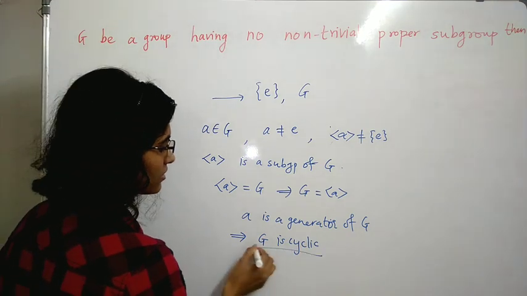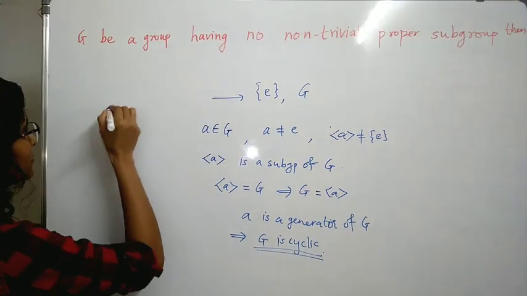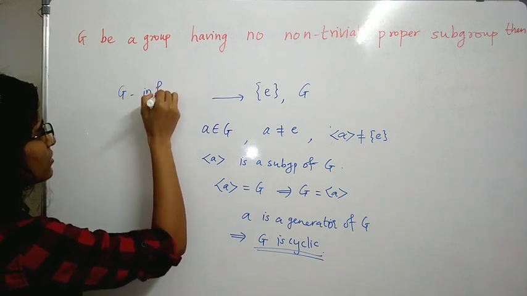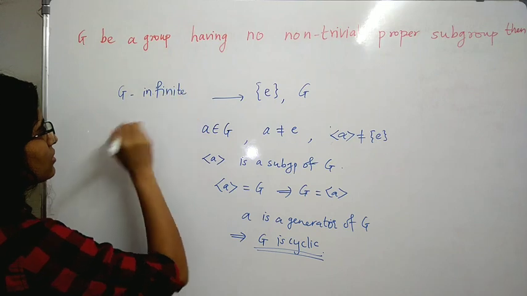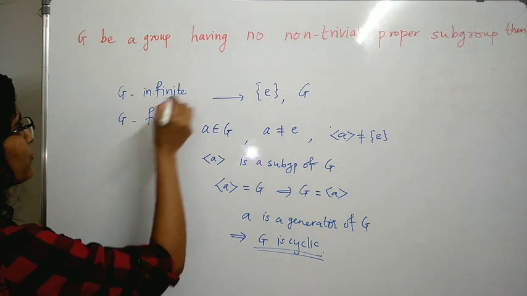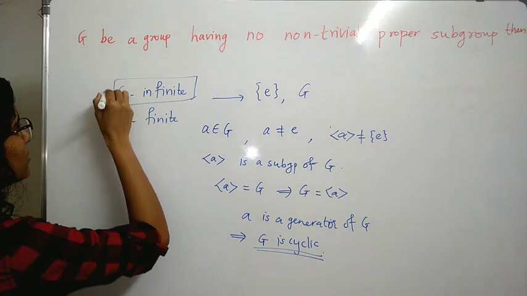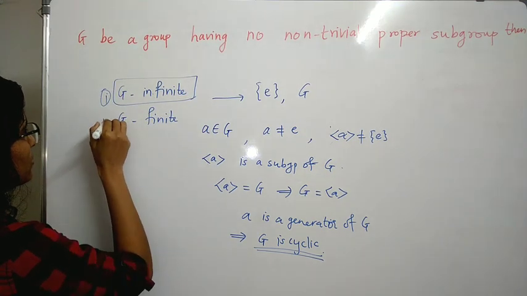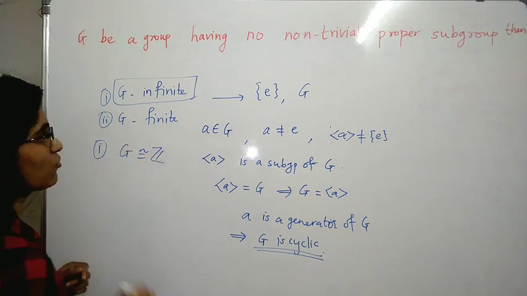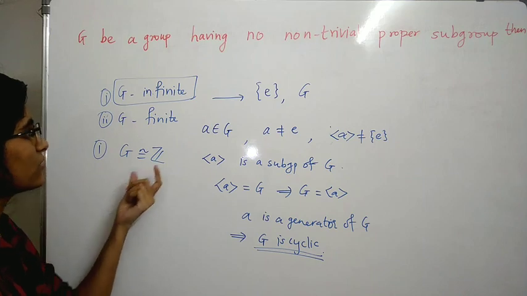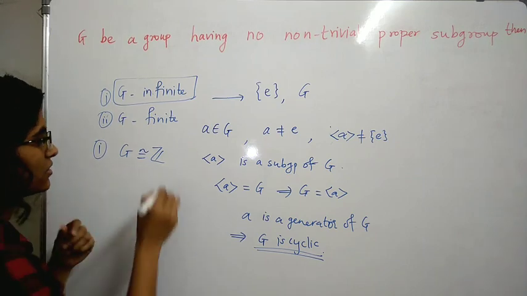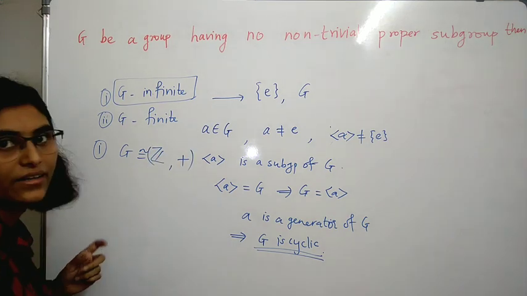G is cyclic. So G is infinite or G is finite. If G is infinite, that means G is isomorphic to Z, because every infinite cyclic group is isomorphic to Z under addition.